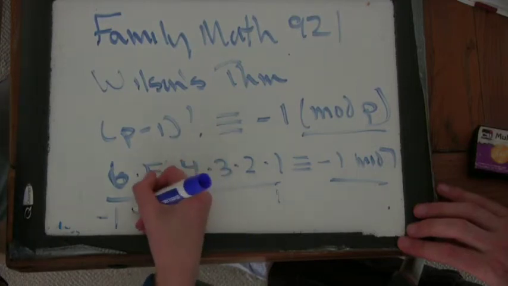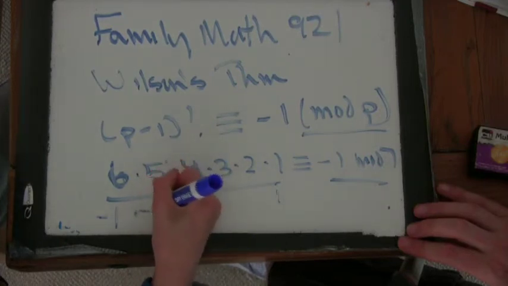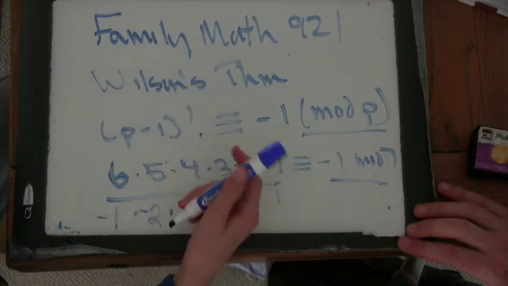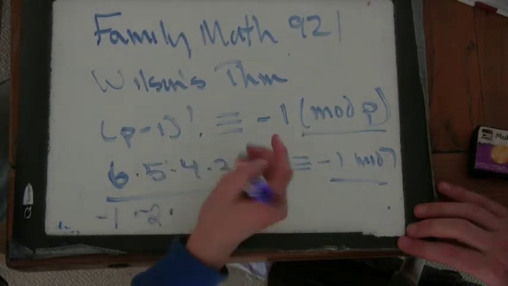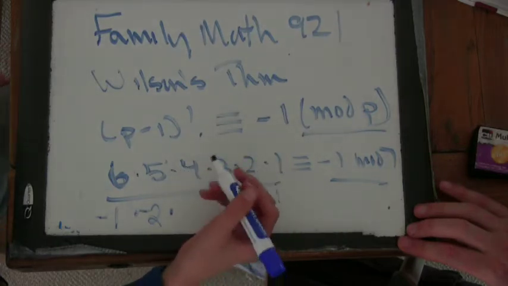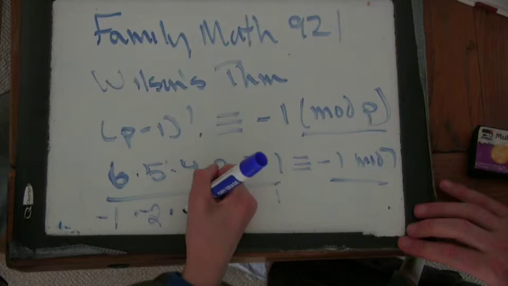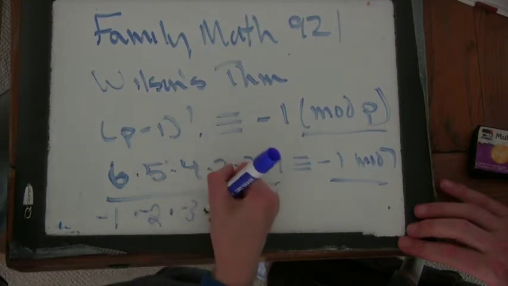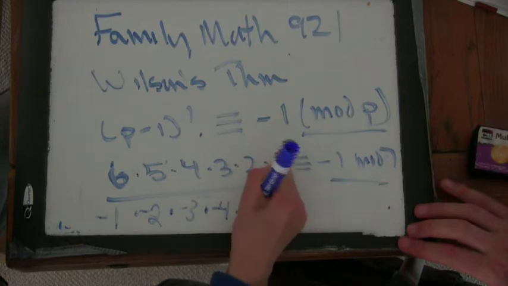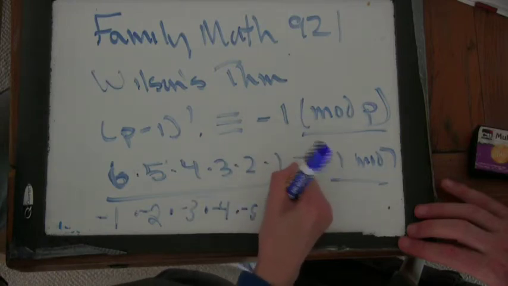What does 5 become? 5 becomes negative 2. 4 would become negative 3, and so on. But we couldn't really do this all the way down, because if we did, we would get a positive number. So we'll stop at 1 times 1.